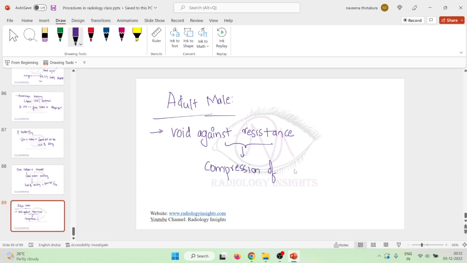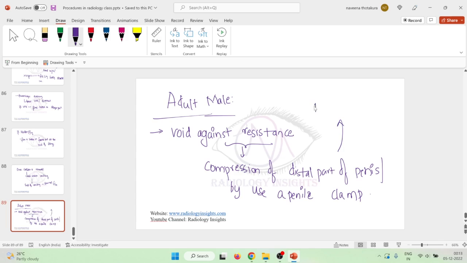You can either ask the patient to compress the distal part of the penis, or we can also use a penile clamp. We ask the patient to void against resistance.